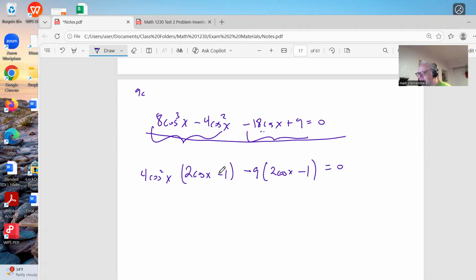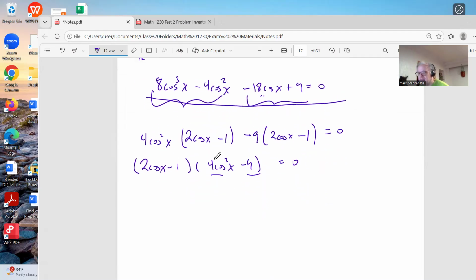All right, so here we go with this. We have a 2 cosine x minus 1. We have a 4 cosine squared x minus 9. Now, this one is a little bit better of a problem because as far as seeing a difference of two squares, this is a pretty obvious difference of two squares because 4 and 9 are both perfect squares. So here we have a 2 cosine x minus 1, right?